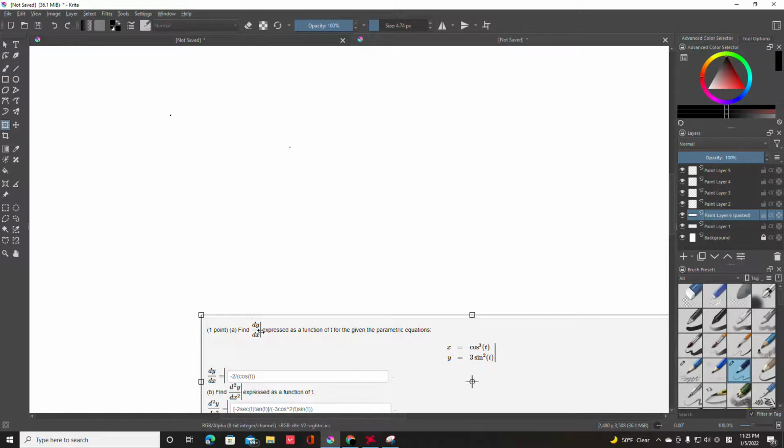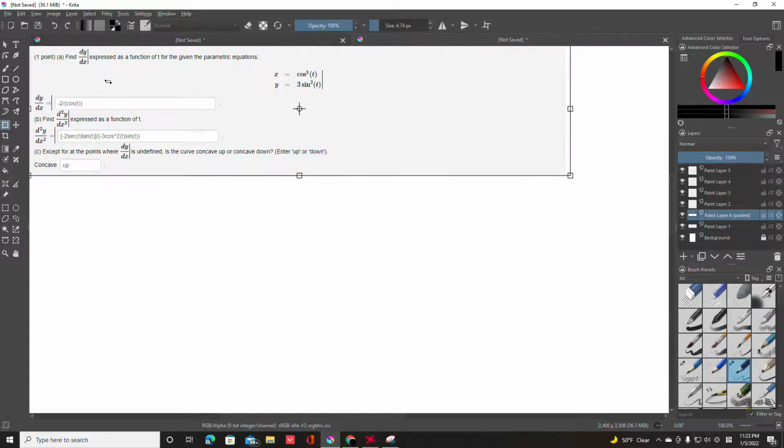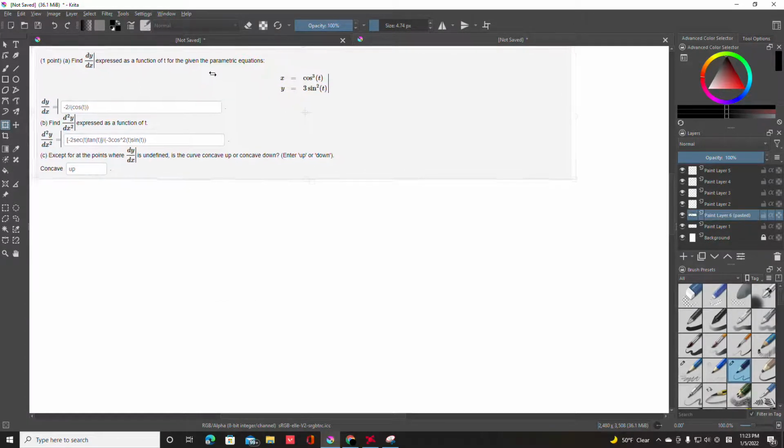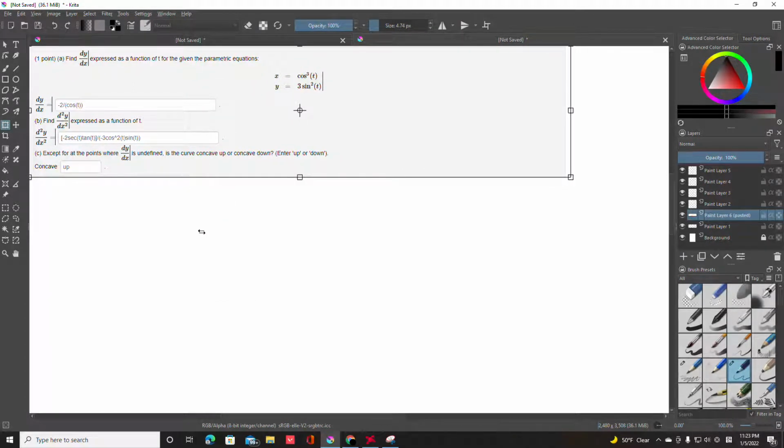Find dy over dx expressed as a function. They want you to find the derivative, the second derivative, and the concavity. For this question, it might take a long time for the second derivative.